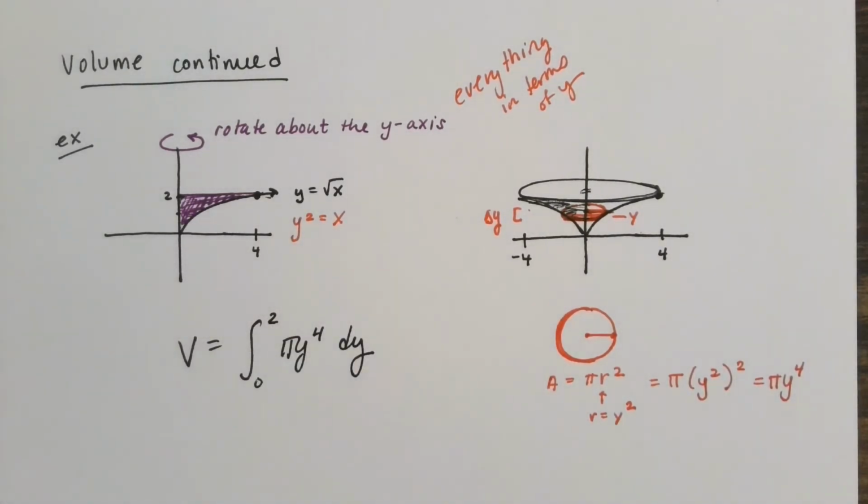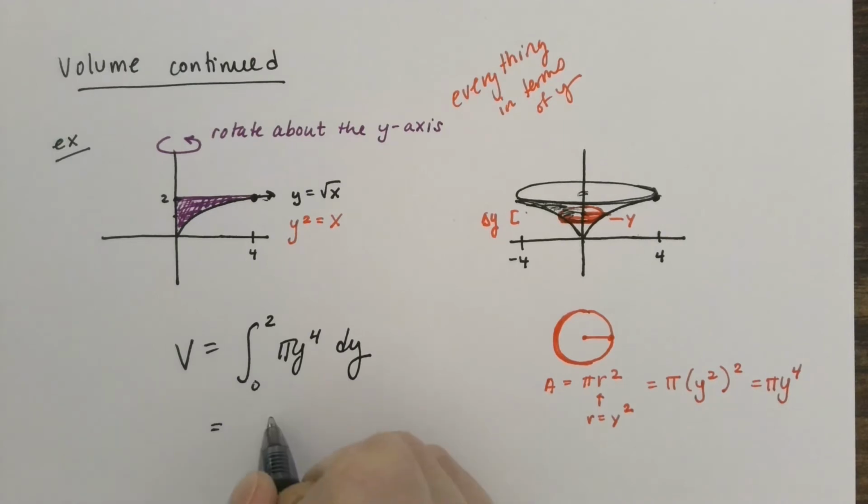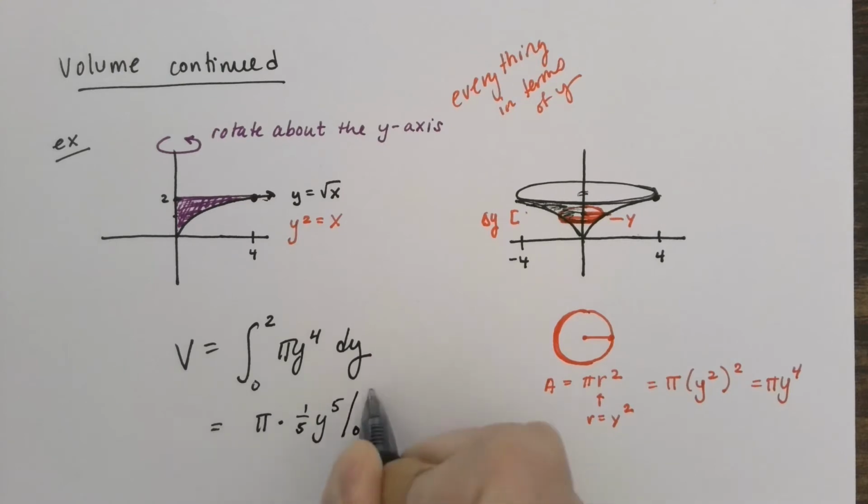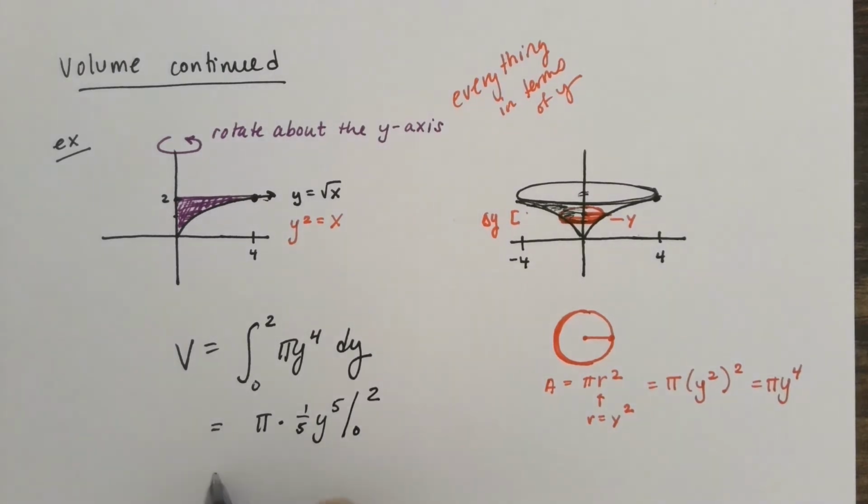From here, integrating this goes the same way that integrating always has. It's just a y instead of an x. But we would do, okay, the pi comes down, y to the 4th becomes 1/5 y to the 5th, plug in 2, plug in 0, and then subtract.